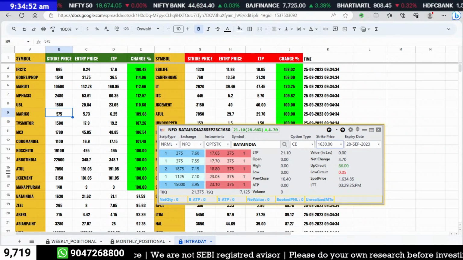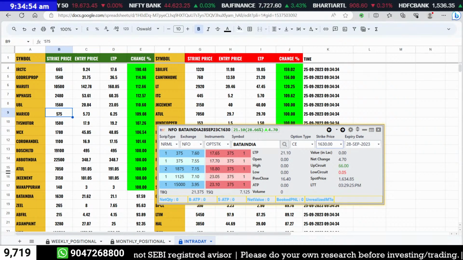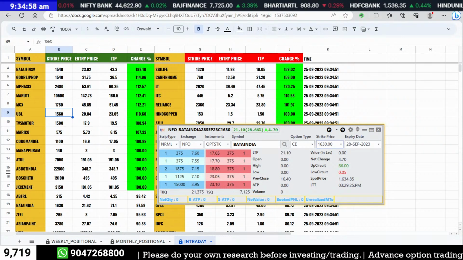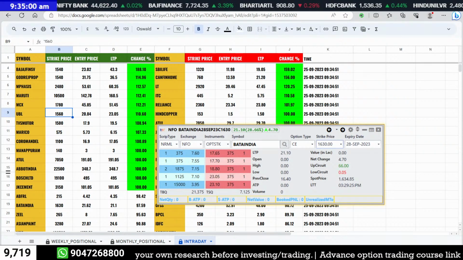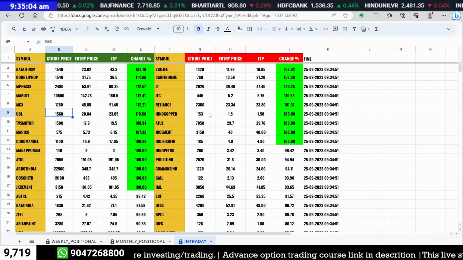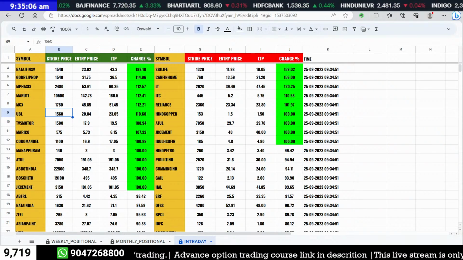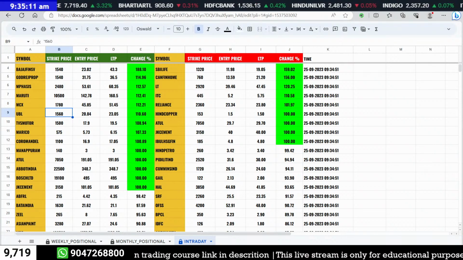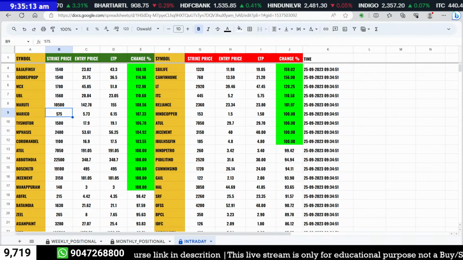The last trade price is 21.1. Buyer is at 7 rupees. Seller is at 17 rupees. So this is what happens near expiry week. That is called the liquidity issue. We can't enter at our desired point and we can't exit at our desired points either. So that's the main risk in options.